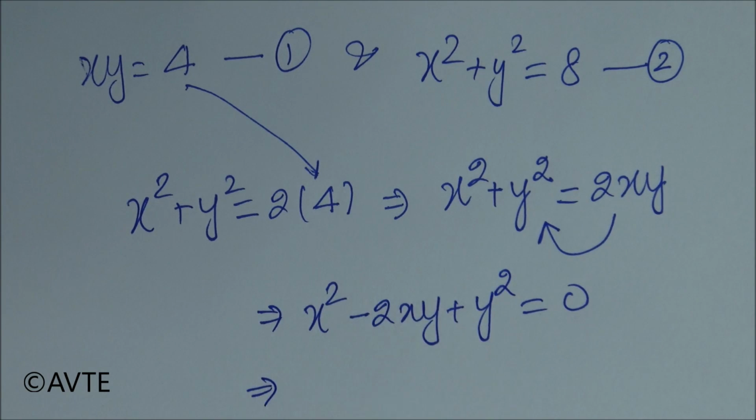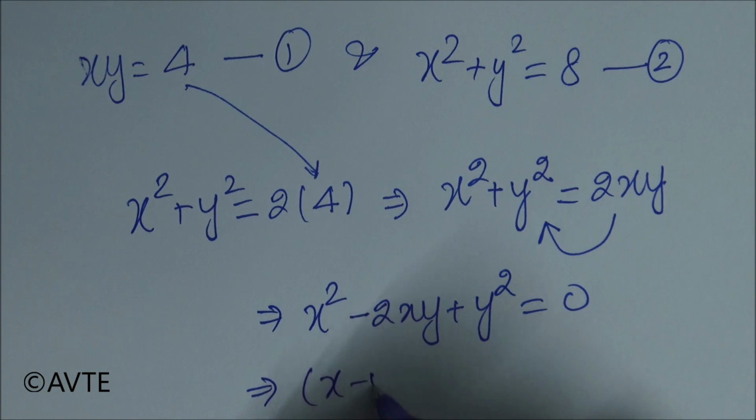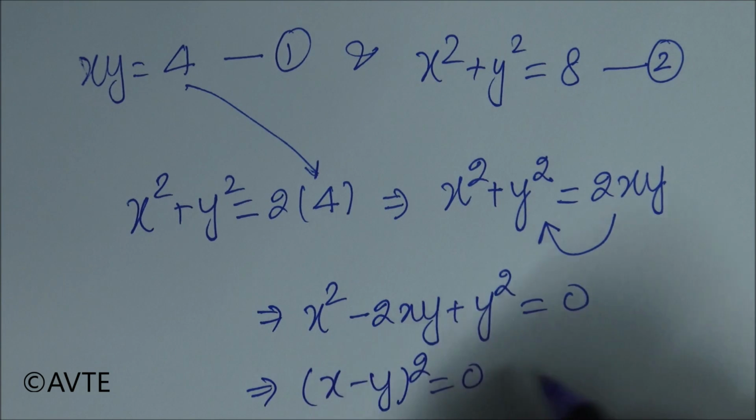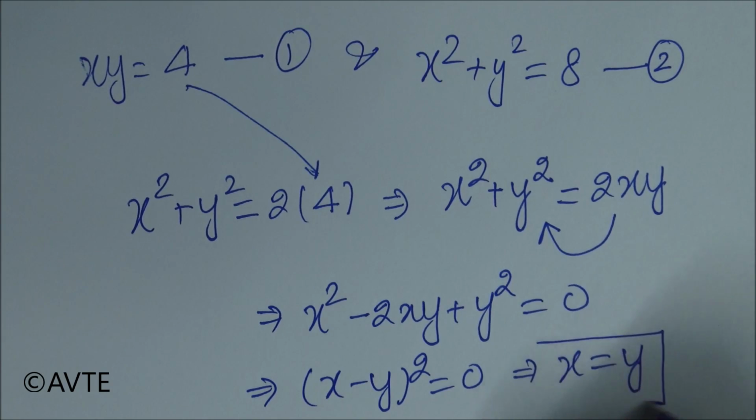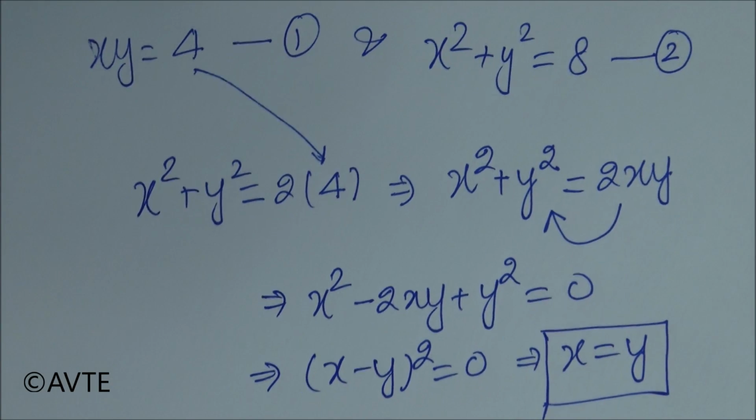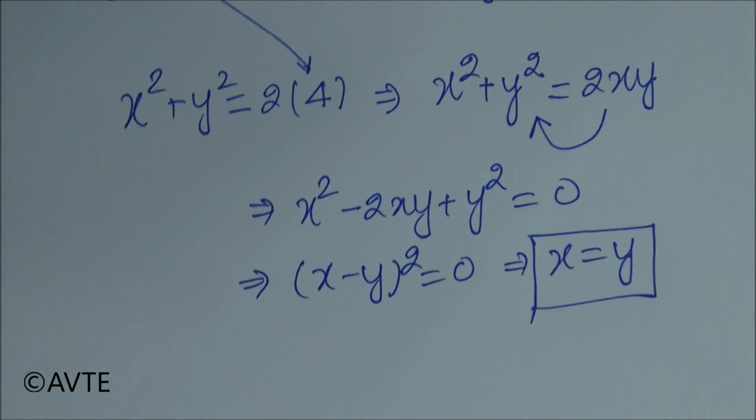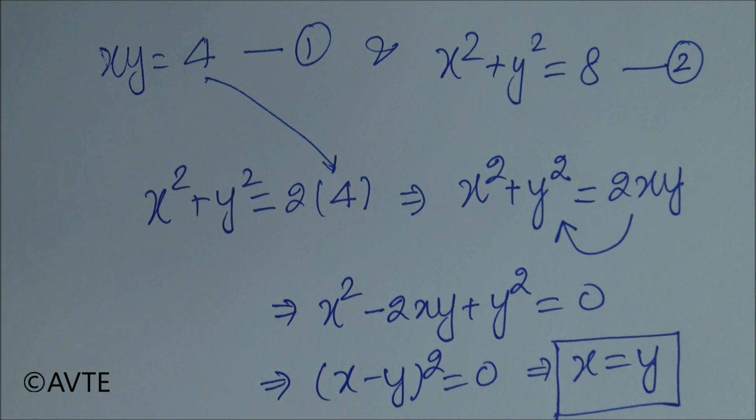You will get a very common formula, a squared minus 2ab plus b squared. So we can write this as x minus y the whole square equals 0, which gives x equals y. That is, whenever these two curves meet, x will be equal to y.